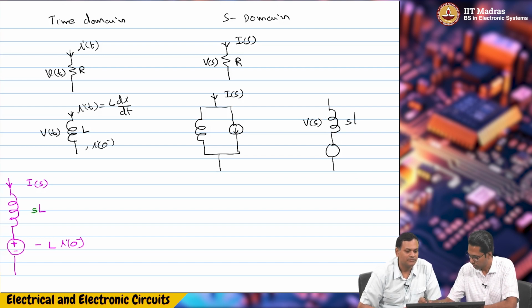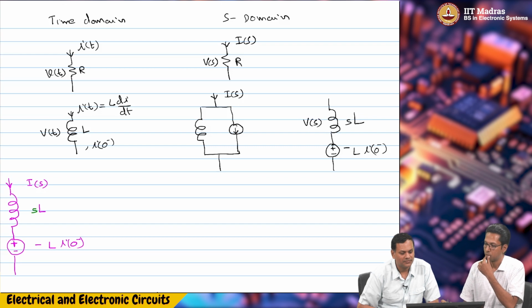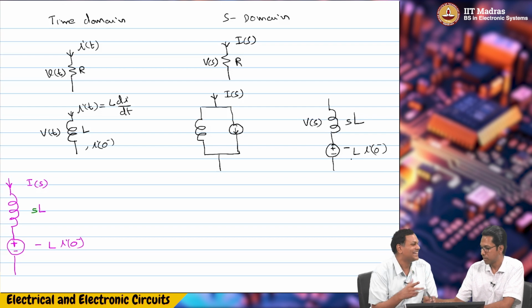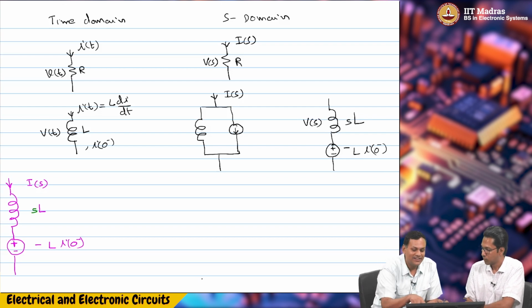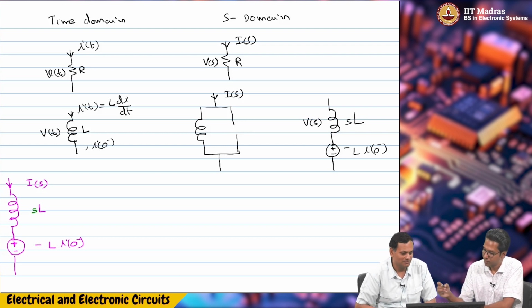This was SL, plus minus L I of 0 minus. That is why I was thinking, it will change. So maybe your initial instinct to put an upwards arrow may be better. If you do the upward current, it will be negative. The downward one will be positive, depending on which one you want to use.